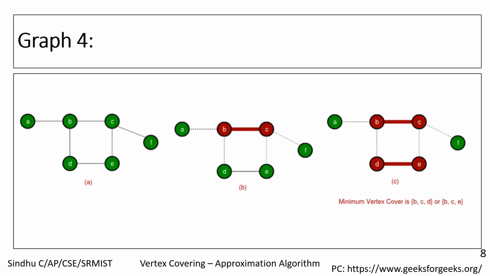After picking this edge, we remove all the edges that touch B and C. That way we will be removing AB, BD, CE, and CF. Now you can see that the last edge left is DE. So from this, we can pick the vertex cover, which is BCD or BCE.